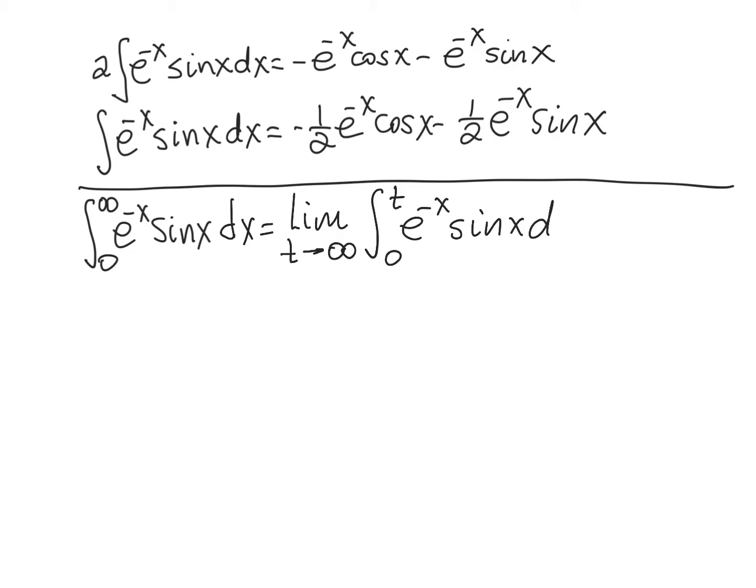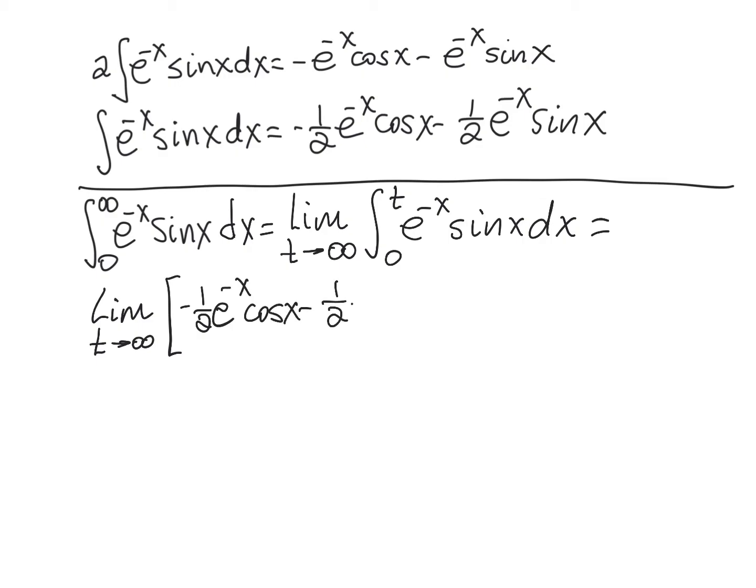Now we have found that antiderivative, so this will be the limit as t approaches infinity of negative 1/2 e to the negative x cosine x minus 1/2 e to the negative x sine x, evaluated from 0 to t. So let's plug in t and plug in 0.